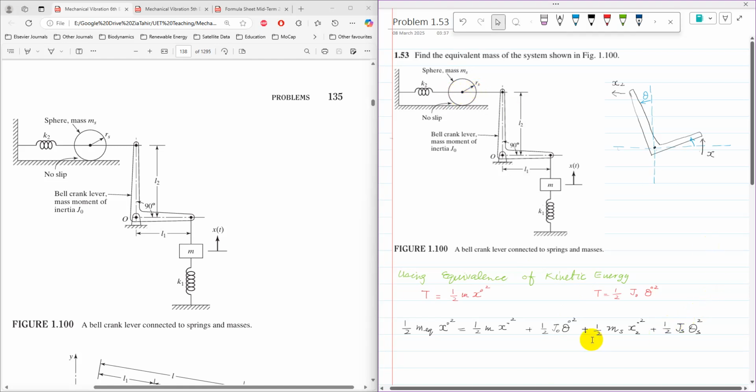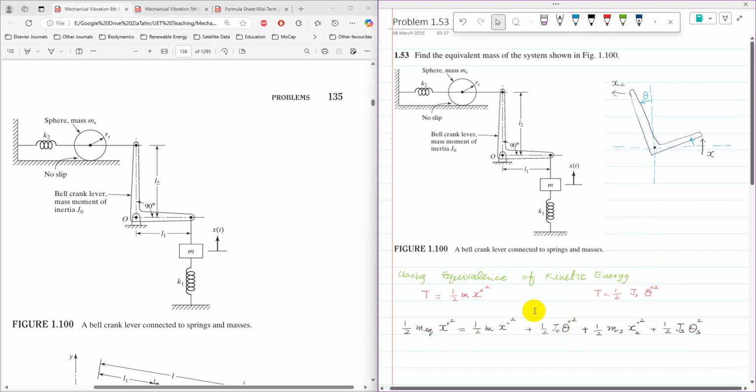One is the translational kinetic energy, which is half ms, the mass of the sphere, times x2 dot squared, because I have assumed that the displacement or compression in spring K2 is x2. Then the rotational kinetic energy of the sphere is half Js theta s dot squared, where Js is the mass moment of inertia of the sphere about its center of mass, and theta s is the rotation of the sphere.